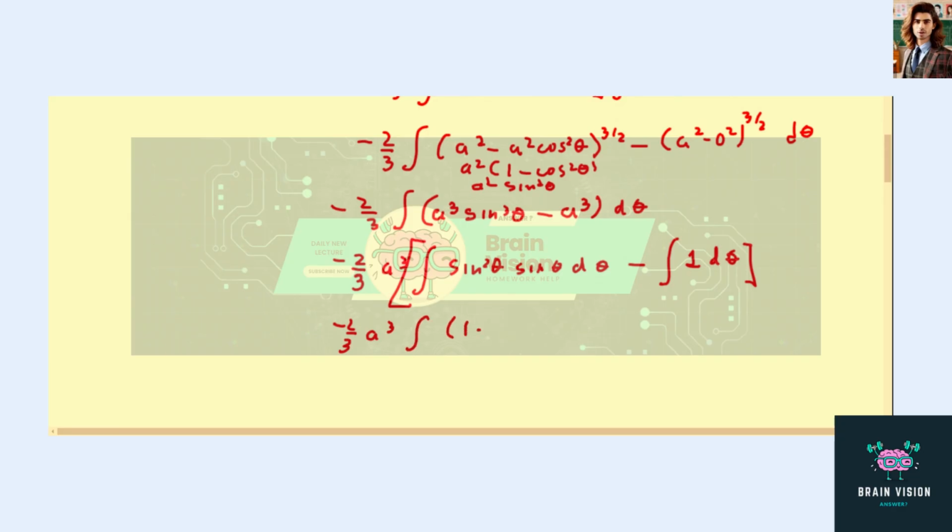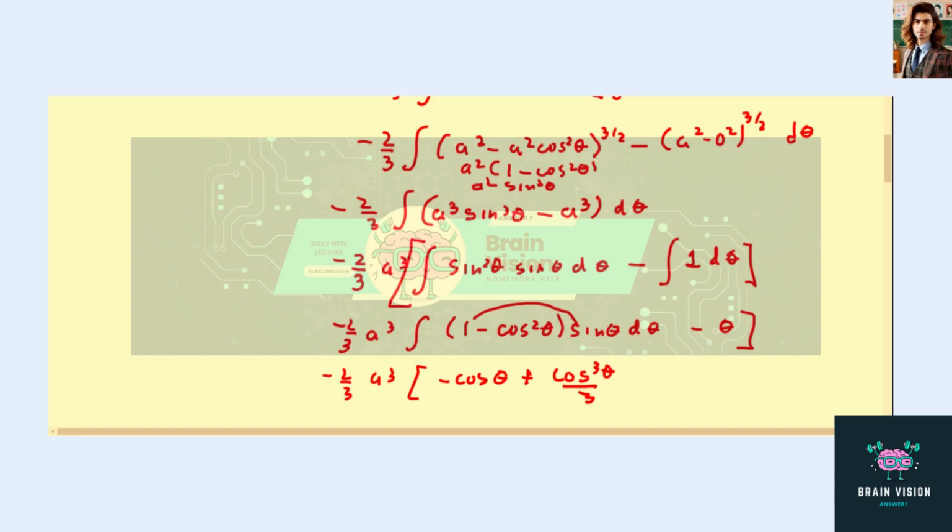Okay, that's 1 minus cosine squared, sine theta d theta minus theta. All right, first integral is just the sine, so that's minus the cosine, minus, if u is the cosine, then du needs to be minus, so plus cosine cubed over 3 minus theta from 0 to pi.